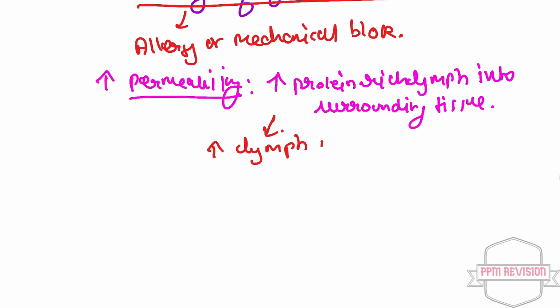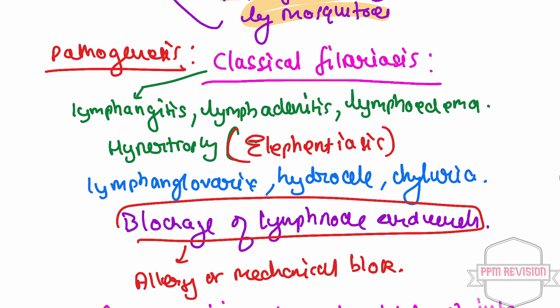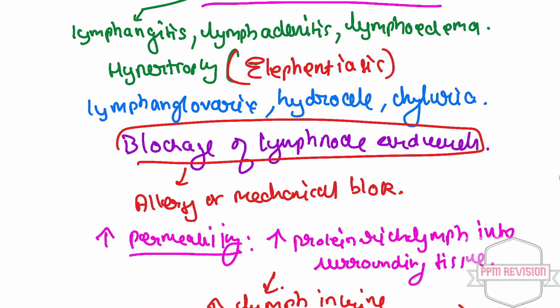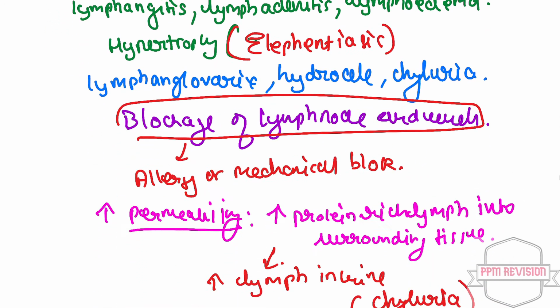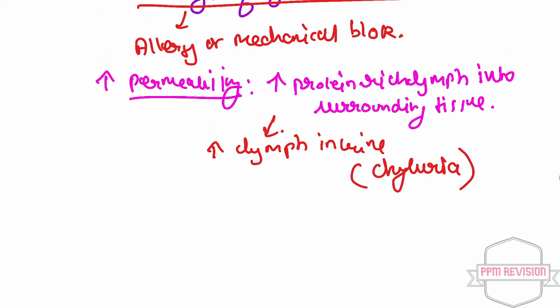This is known as chyluria, an important characteristic of Wuchereria bancrofti. Now, the incubation period we have seen, to note, is around 1 year.